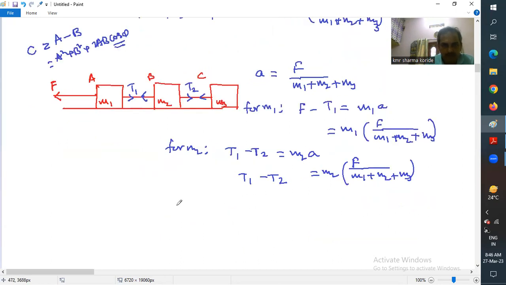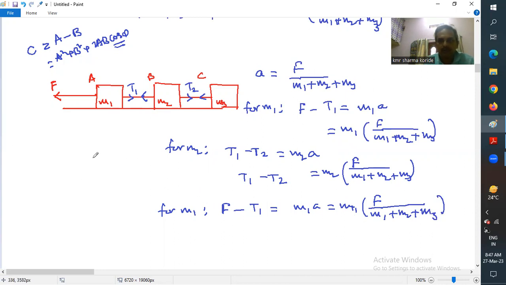After that, for M1, F favors, but it is opposed by the tension instead of a contact force. Tension T1 is equal to M1A, M1 with acceleration once again F by M1 plus M2 plus M3.